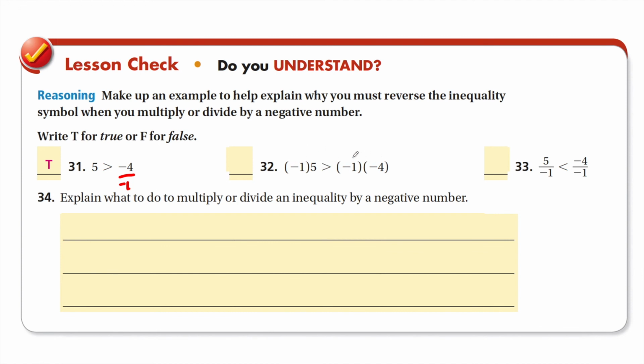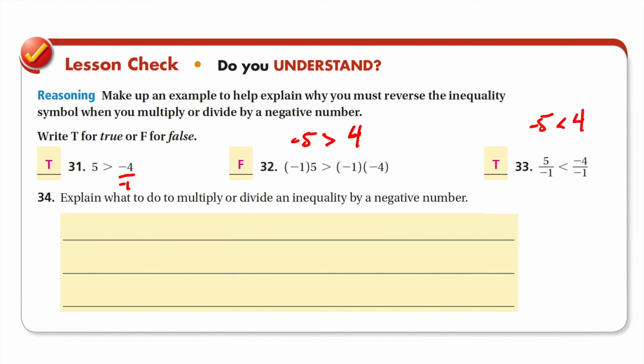So if you were to multiply it, you would get a negative 5 is greater than a positive 4. That doesn't make any sense. So that's going to be a false statement. And the same thing goes if you do 5 divided by negative 1, that would be a negative 5. And negative 5 has to be less than the negative 4 divided by negative 1, which happens to be 4. And since it is less than, because it flipped the sign, we now know that this is in fact true.